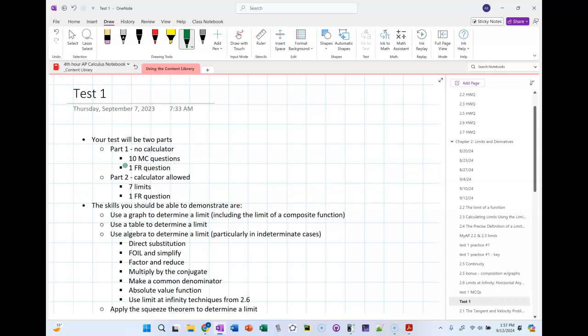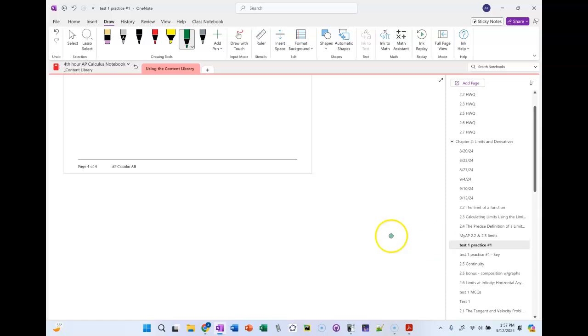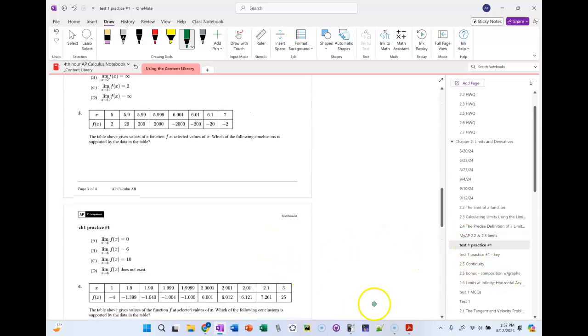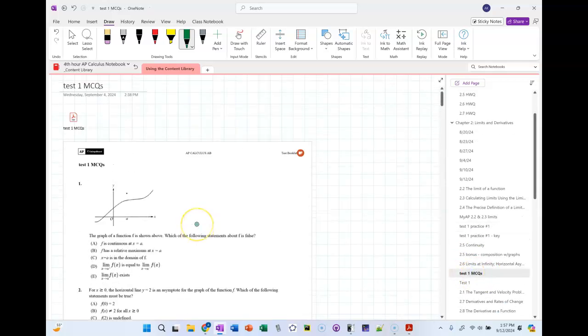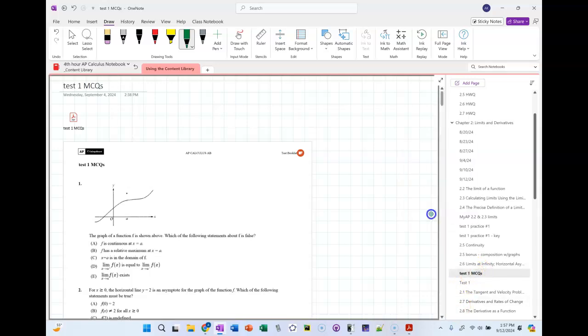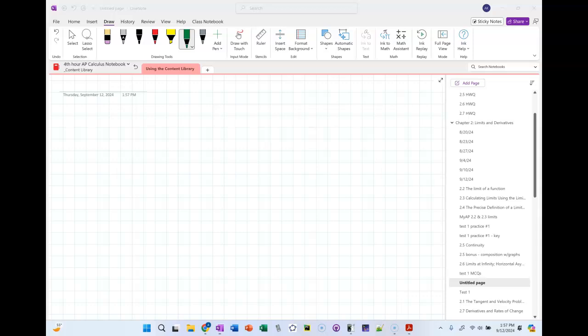Paulo. For the test multiple choice questions, is there an answer key? Yeah, so if you look under, I have test 1 practice number 1. Oh, I'm sorry, test 1 multiple choice. Did I not put it in here? I swear I did. Well, let's put it in. I have them, my apologies. I thought that was in there.